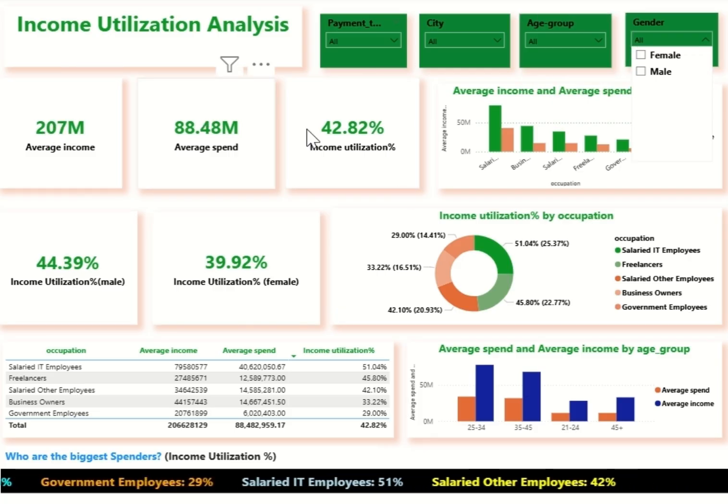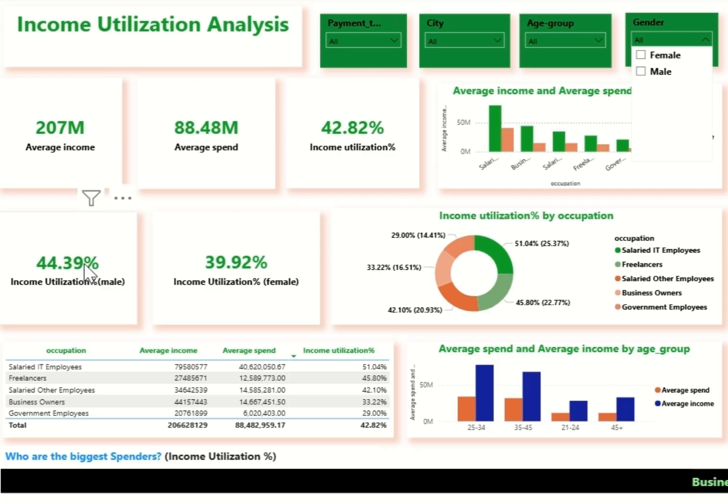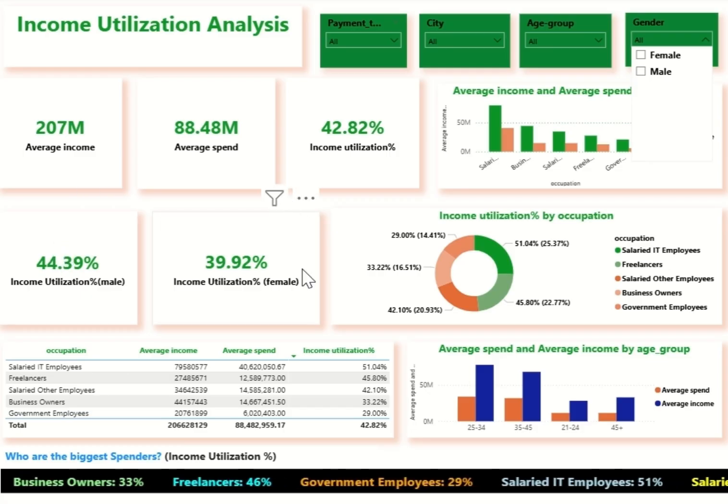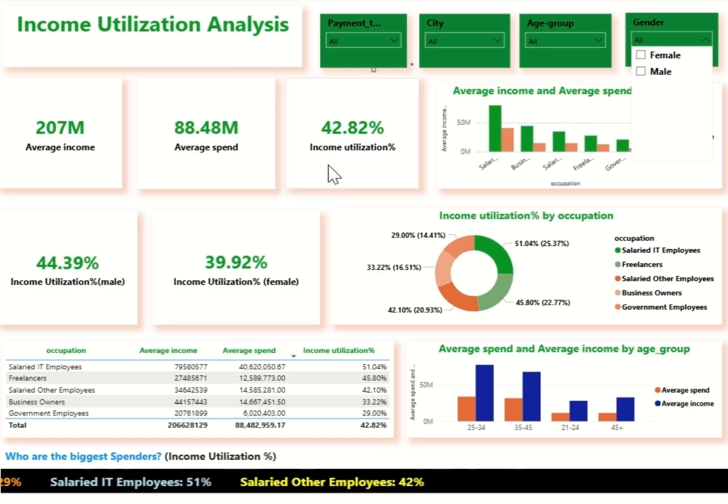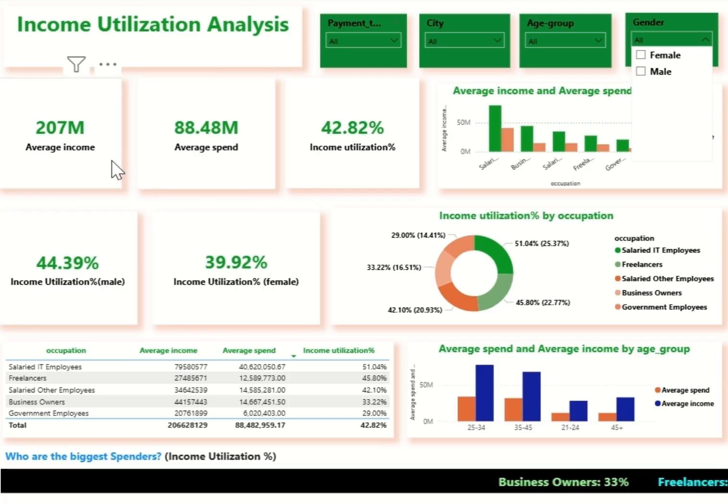After the filters, we have the KPIs. So we have the average income, the average spend, the income utilization percentage, and I also specifically came up with the income utilization for each and every gender. These are the KPIs, the key performance indicators. They normally give you the overview performance of the organization.